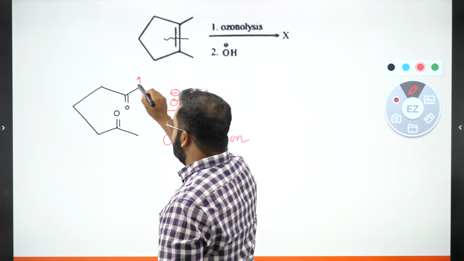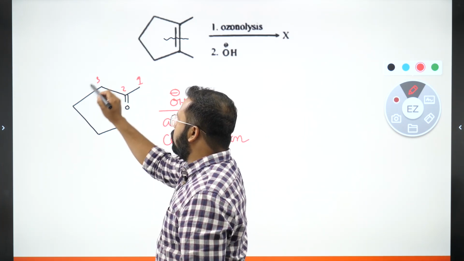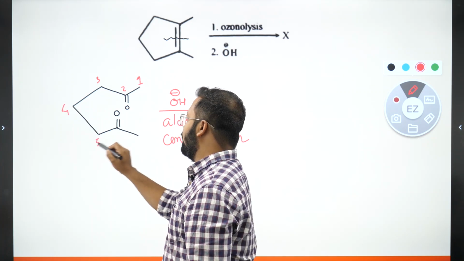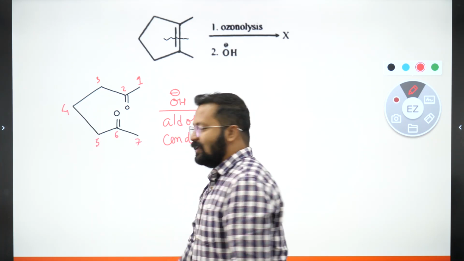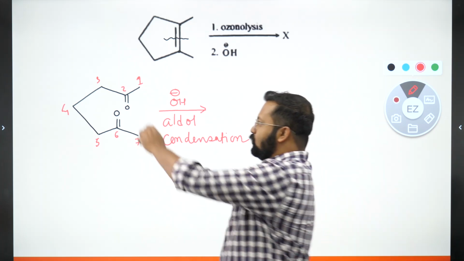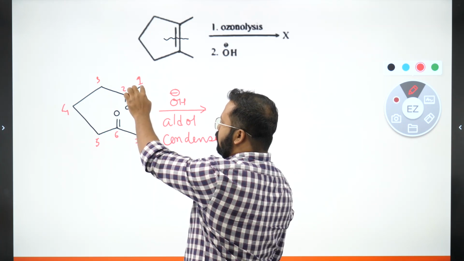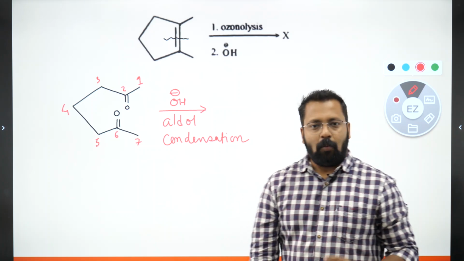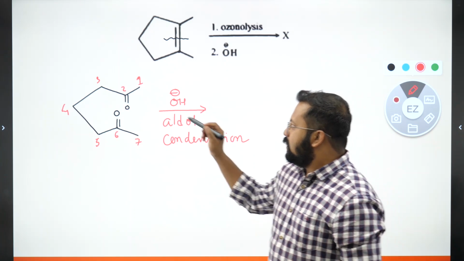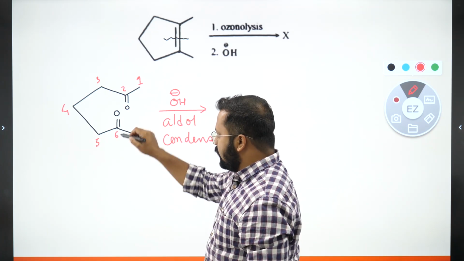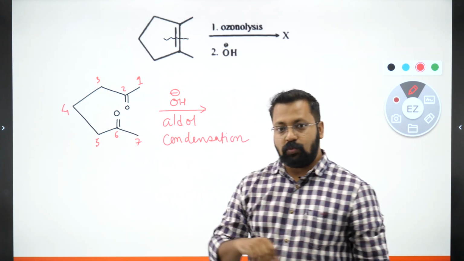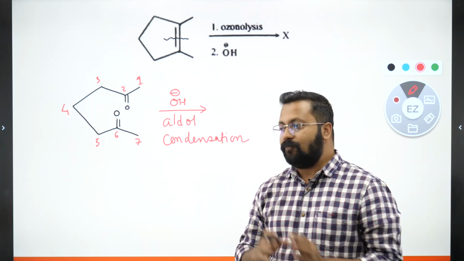Now what should attack? So I number 1, 2, 3, 4, 5, 6, 7. अब मुझे पता करना है कि 3 will attack over here or 1 will attack over here. What should happen? Remember, I will attack that carbon which will generate a ring of more stability.